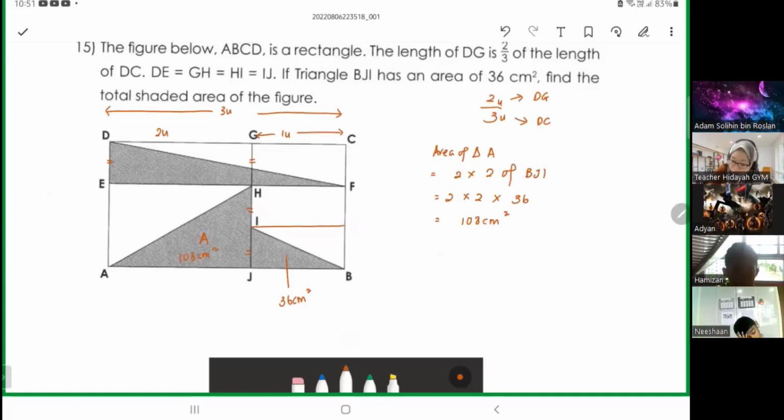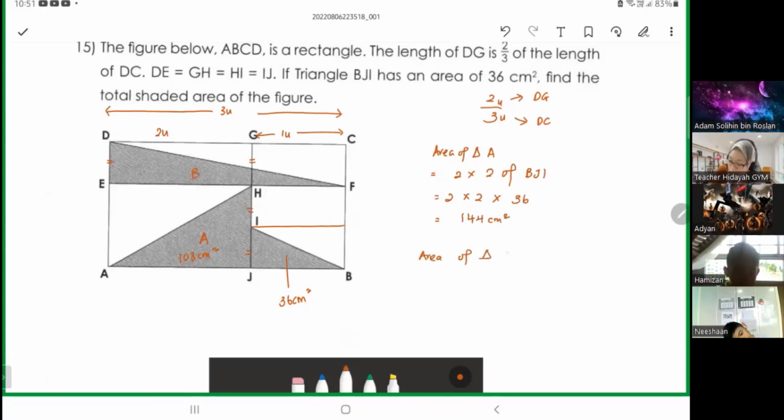Now, the total shaded area will be your 144. This is 144 cm squared. Then we need to find the area of the other triangle.